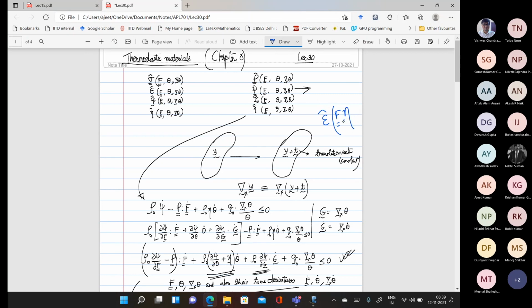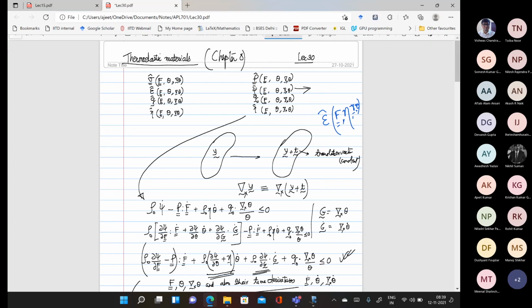Instead of theta, you think of internal energy being a function of eta and grad theta. And with this, it works perfectly fine. From internal energy, you can find P as well as temperature. So temperature turns out to be, I think, del E by del eta.